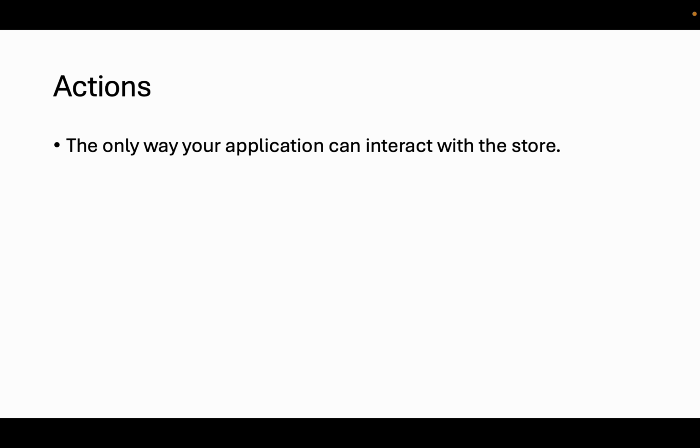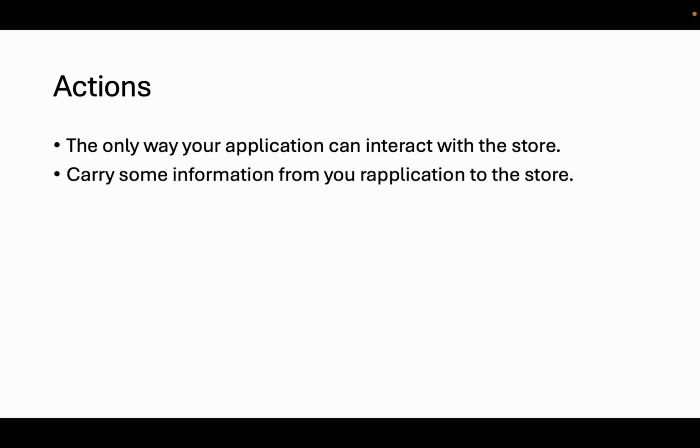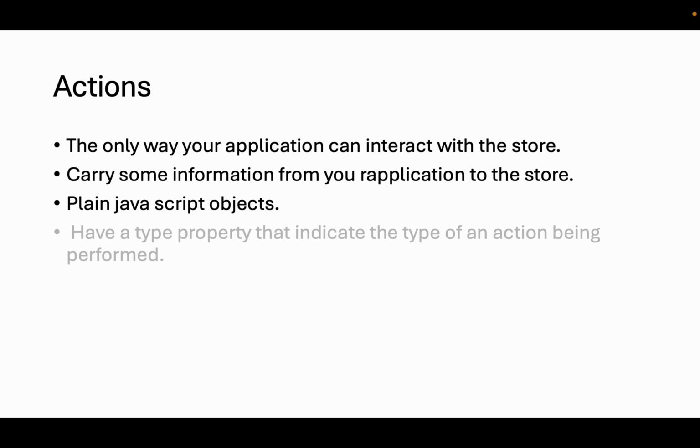They carry some information from your application to the store, and we learned in our last video as well that actions are just plain JavaScript objects and have a type property that indicates the type of action being performed.